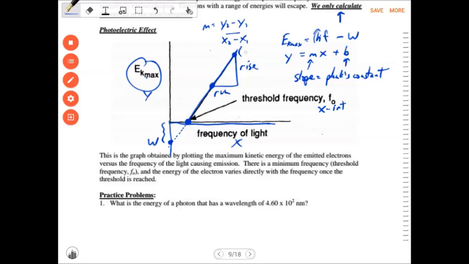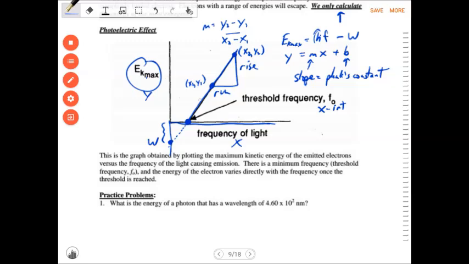This will be the point x2, y2, and this will be the point x1, y1, and we just find the slope. In some of the experiments we do, we have to find these points or plot them on a graph, and then of course we use a line of best fit to do that.